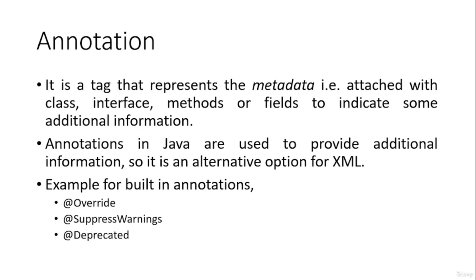And next is @Deprecated. If you want to stop using a particular method, you can make others stop using it by making it deprecated. If you make a method deprecated and others access it, they will get a warning while using it.